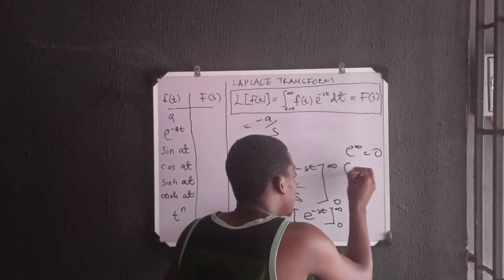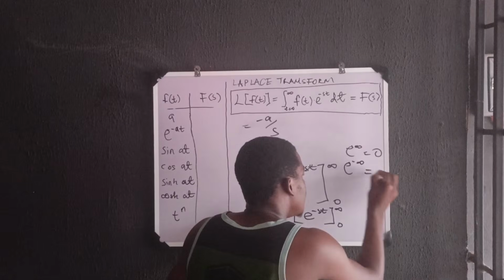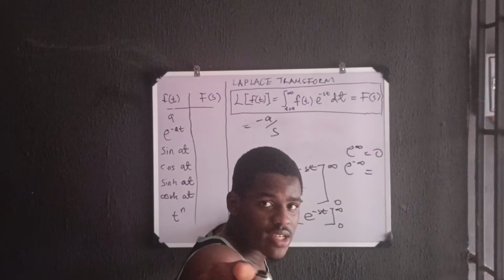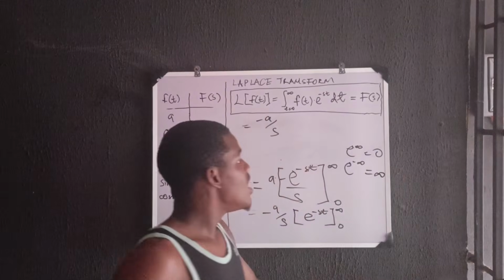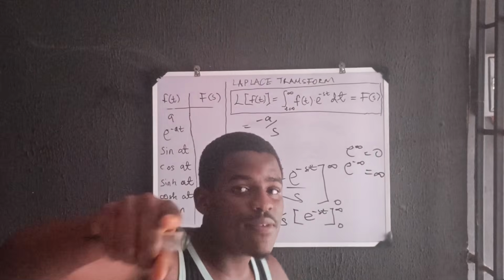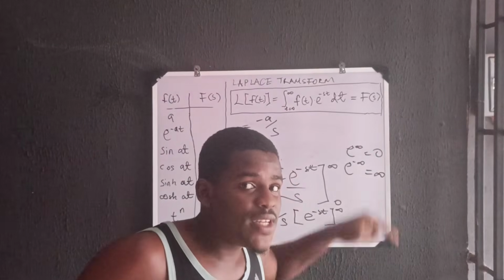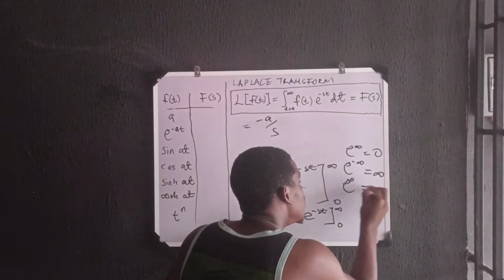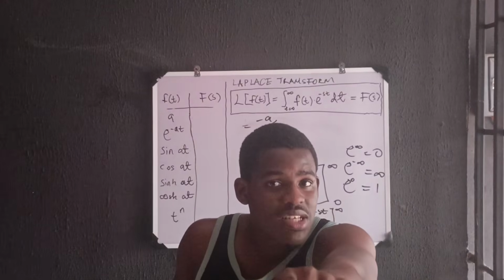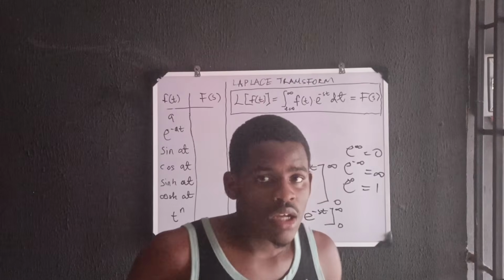And e power infinity is infinity. And e power 0 is 1, because anything raised to power 0 is 1.